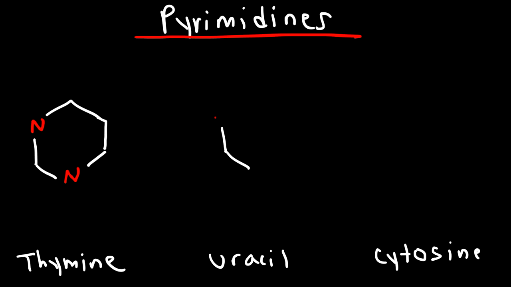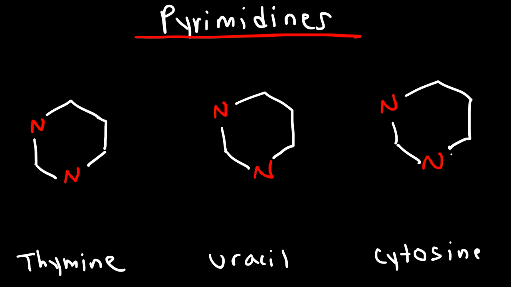So all three of these nitrogenous bases, they have the same general structure. The six-membered ring, as you can see, it's very similar. Now let's talk about the way we're going to count it. So this is going to be number 1, and we're going to count it in a clockwise direction.